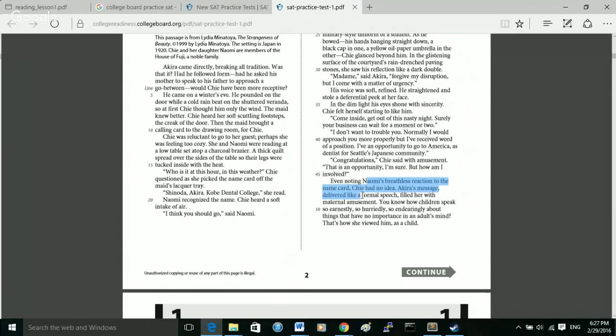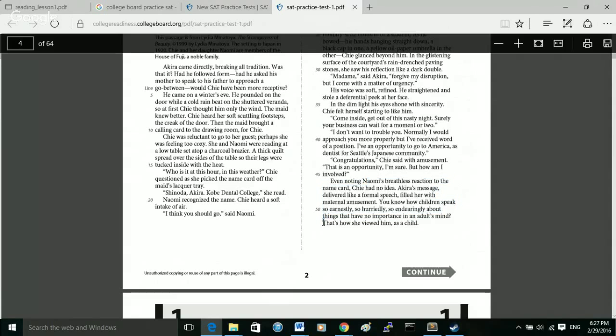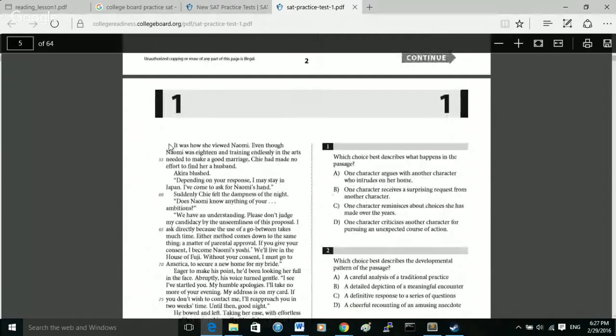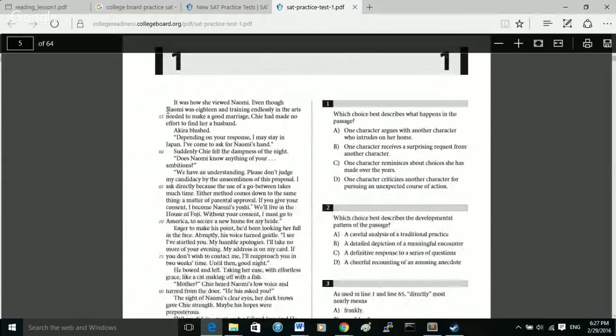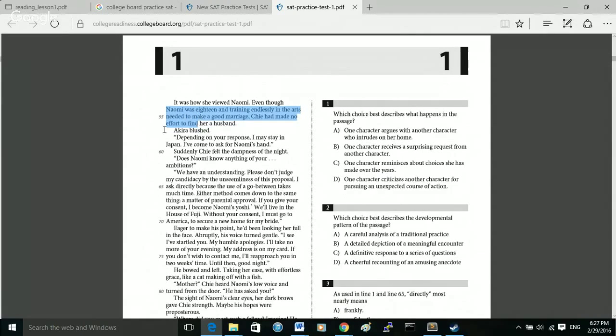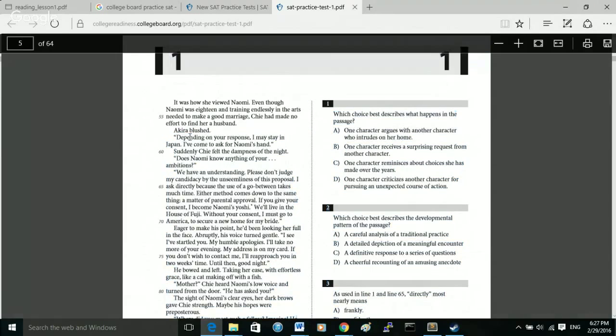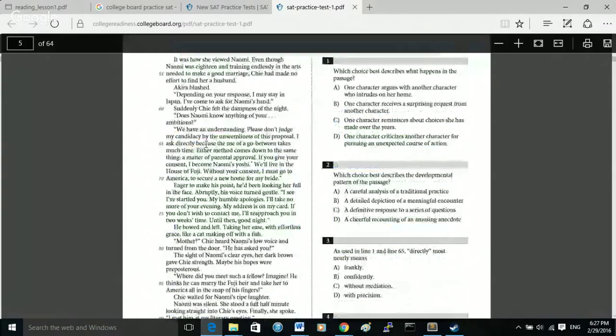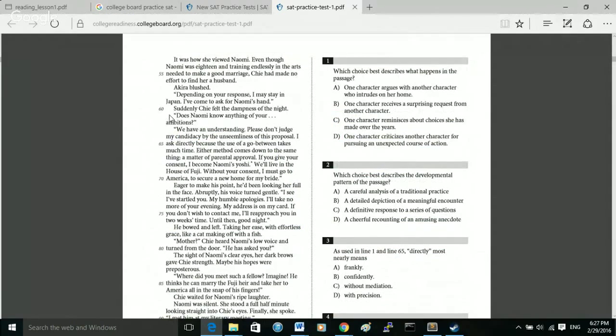Akira's message, delivered like a formal speech, filled her with maternal amusement. You know how children speak so earnestly, so hurriedly, so endearingly about things that have no importance in an adult's mind. That's how she viewed him as a child. It was how she viewed Naomi. Even though Naomi was 18 and training endlessly in the arts needed to make a good marriage, she had made no effort to find her a husband. Akira blushed. Depending on your response, I may stay in Japan. I've come to ask for Naomi's hand. Suddenly, she felt the dampness of the night.